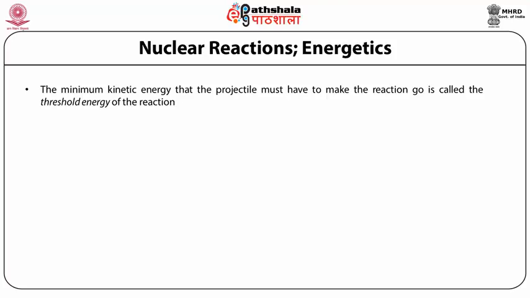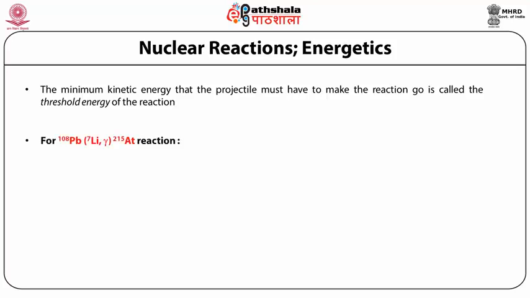So it should be understood by now that to initiate any reaction, there is always a minimum energy requirement as per the conservation laws. Whatever minimum energy is required to initiate a reaction is called the threshold energy, and this threshold energy must be satisfied.